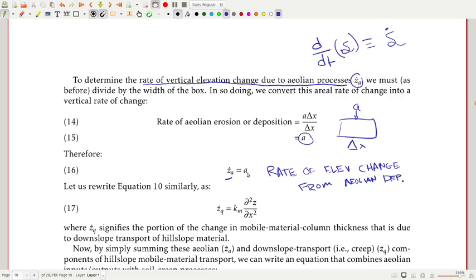And so if that just equals A, the next thing I'm going to do is redefine this z dot from up above, and we're going to call it z dot q, where that signifies the portion of the change in mobile material column thickness that is due to downslope transport of hillslope material.